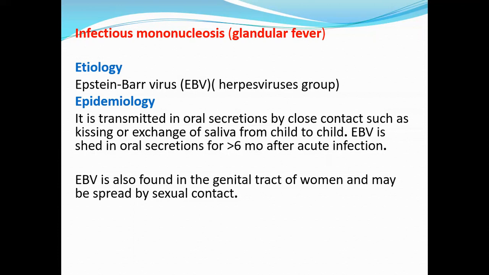The virus will be shed in oral secretion for more than 6 months after acute infection. Also, this virus is found in the genital tract of women and may be spread by sexual contact in adolescents or adults. The main route of transmission to children is by oral secretion.